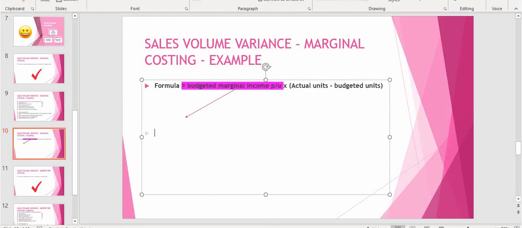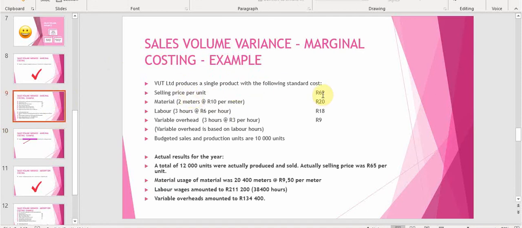All right. So if I talk about the marginal income, it refers to situations where fixed costs are not yet minused. So it's not yet subtracted. So if I go to my information, I have a selling price, I have material, I have labor, I have variable overhead. Do you see that this example does not include fixed cost? Because for marginal costing, fixed costs must not be minused in calculating the sales volume variance.